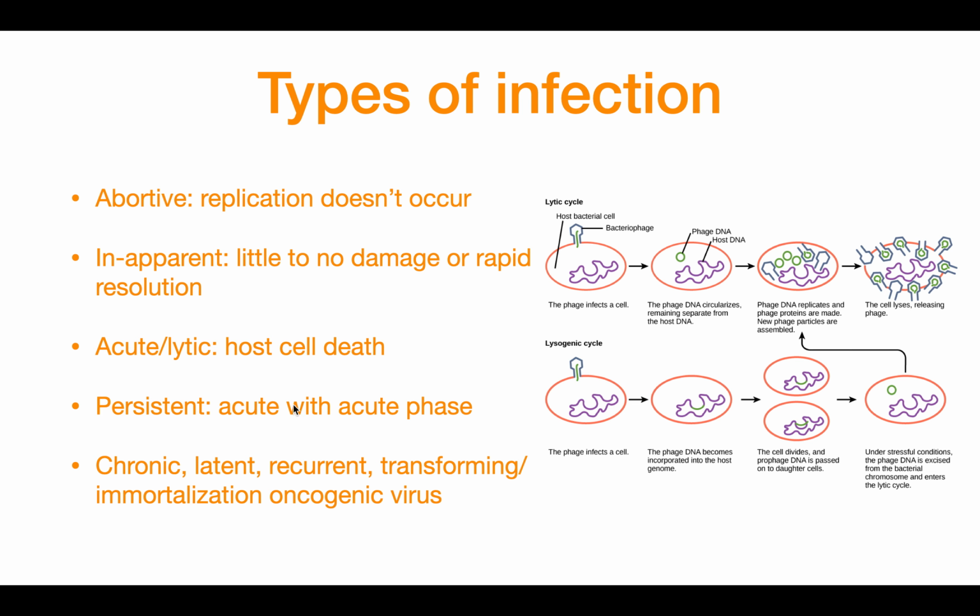Okay, so the abortive infection is not ideal for the virus. The replication doesn't occur, so the virus just dies. In an inapparent infection, there's little or no damage or rapid resolution. So it's a little bit of an infection, but the host response is very strong and very fast, so there are no actual symptoms occurring.